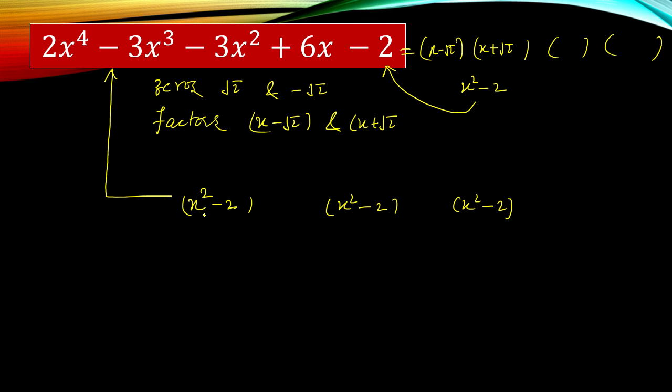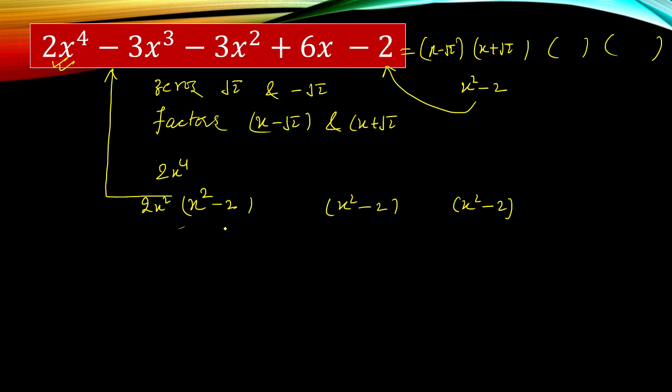So I am going to multiply this x square minus 2 by 2x square. 2x square into x square, we will get 2x to the power 4. So our first task is completed now.